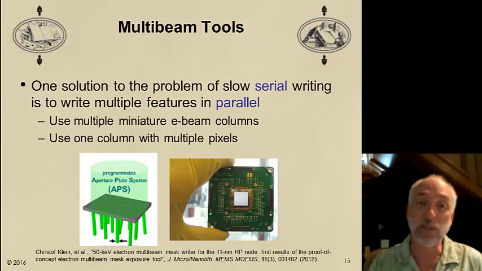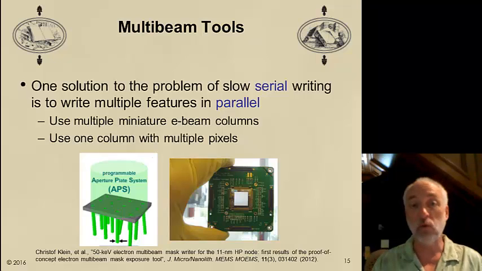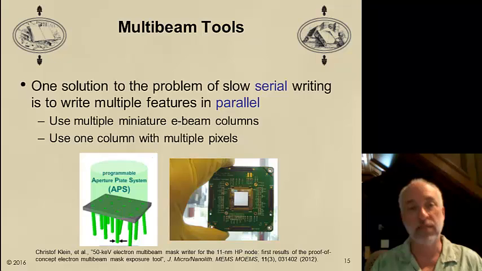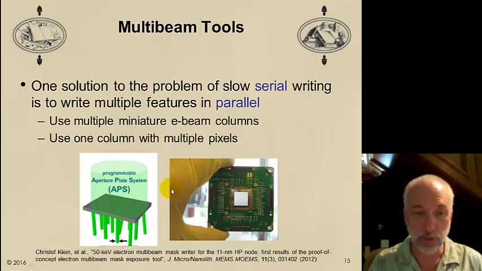There's 2 basic ways to do that. We can have multiple miniature e-beam columns. We can try to make these e-beam columns using MEMS-like technology. But what is probably the most effective way is to have one column but have multiple pixels, each of which can be controlled individually.